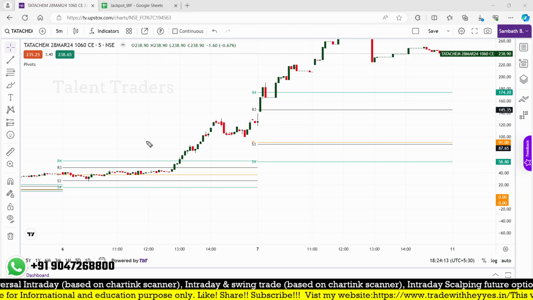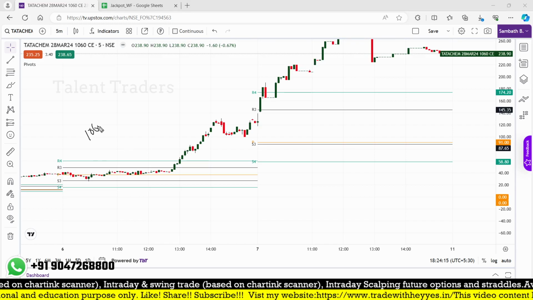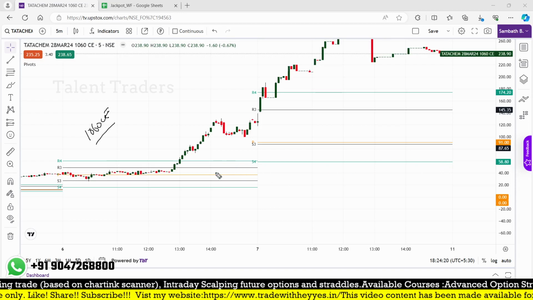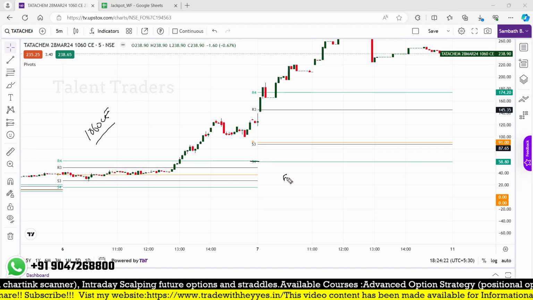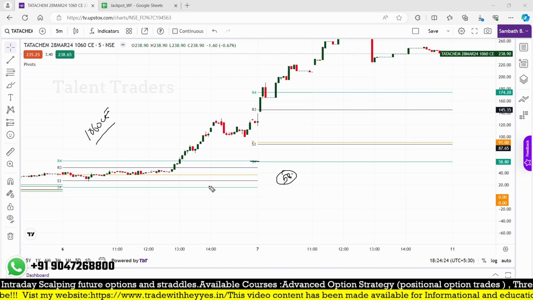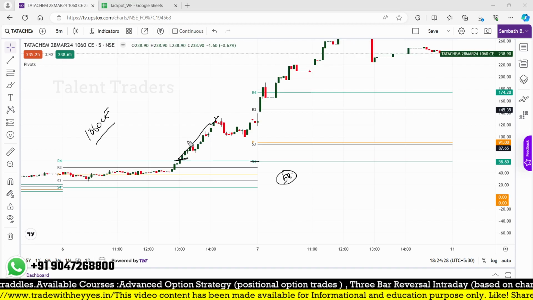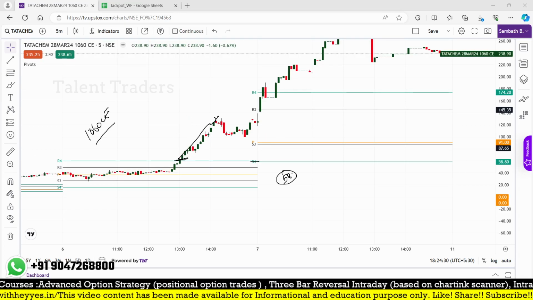This is the level on the 1060 call option on the previous day. You can look at yesterday's value, where the R4 level is exactly around 58. It gives you a fresh breakout, and then it gives you intraday targets also, maybe 1:1.